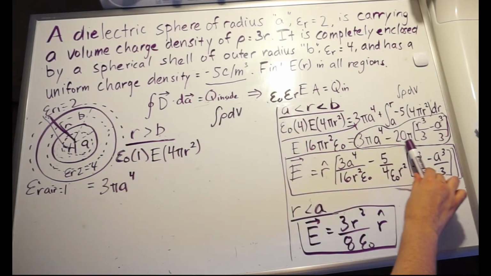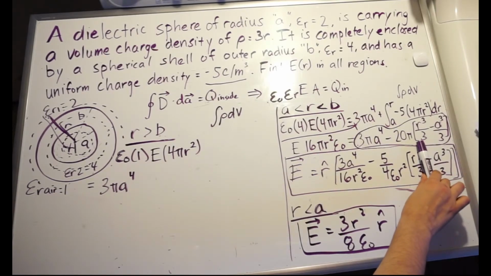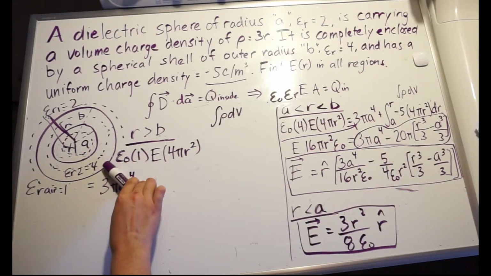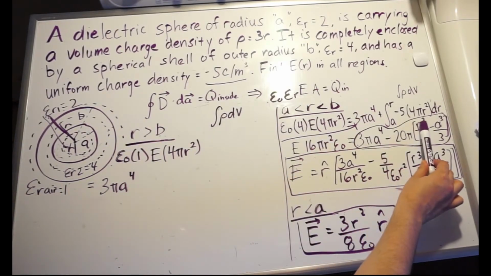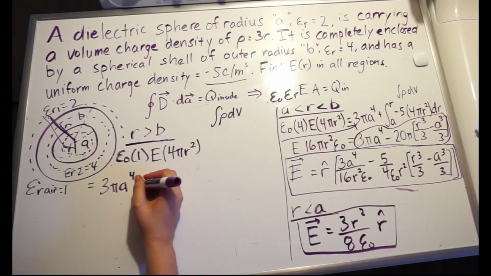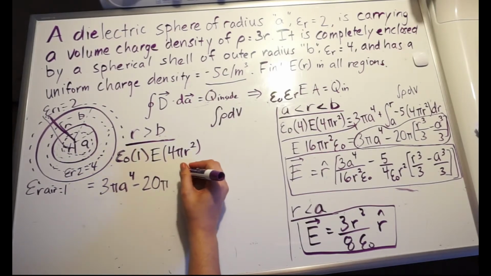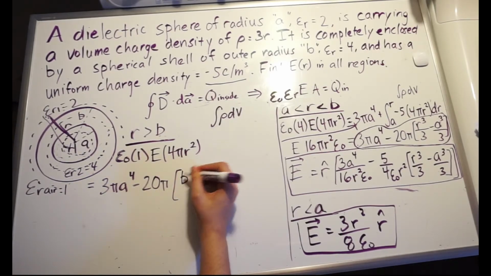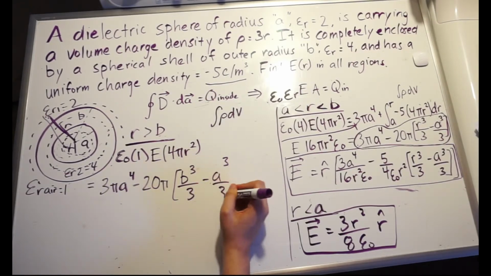And then this right here was for when our Gauss surface was between A and B. But our Gauss surface is now greater than B, so we can substitute B in place of R. So minus 20 pi times B cubed over 3 minus A cubed over 3.